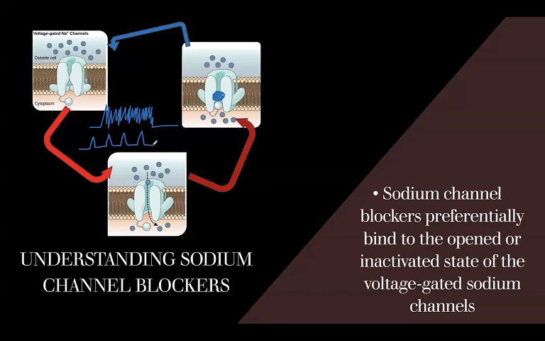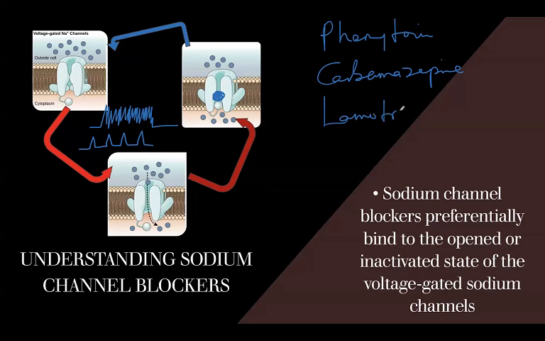And we have various examples. So we could think of phenytoin, which is one of the prototypes. We could think of carbamazepine, known as Tegretol. We could think of oxcarbazepine. We may think of lamotrigine.